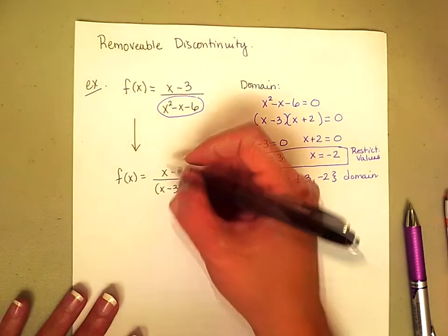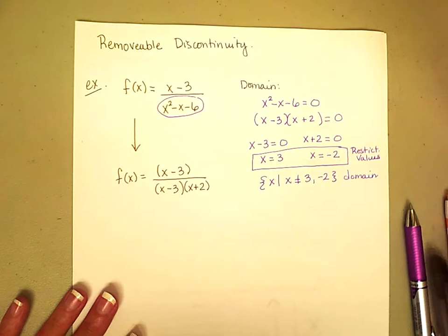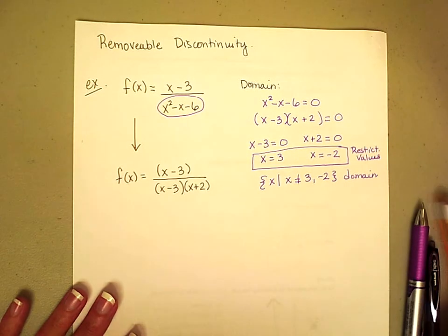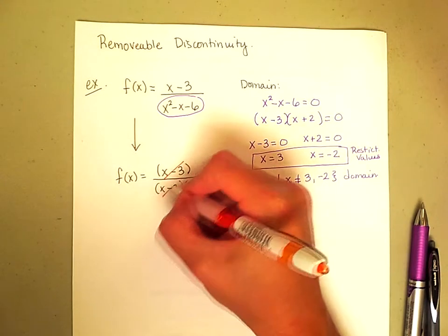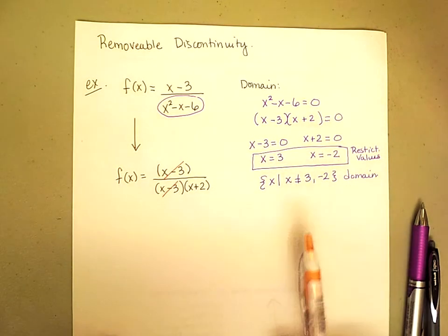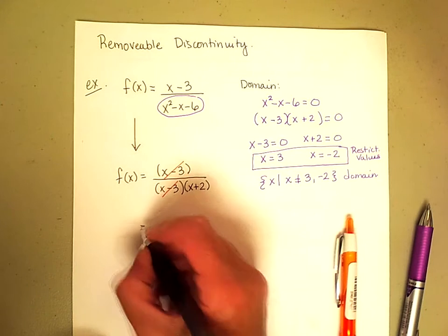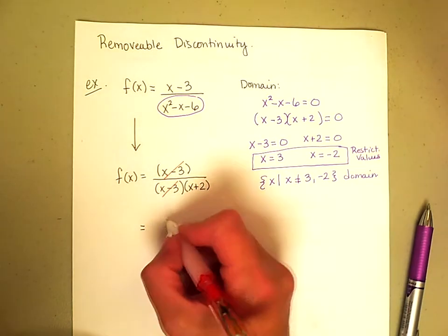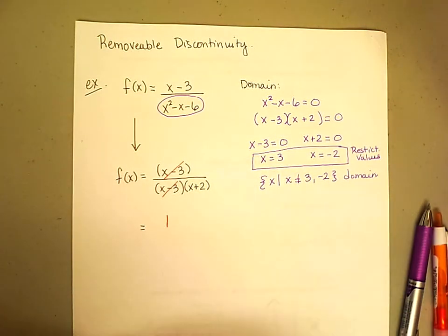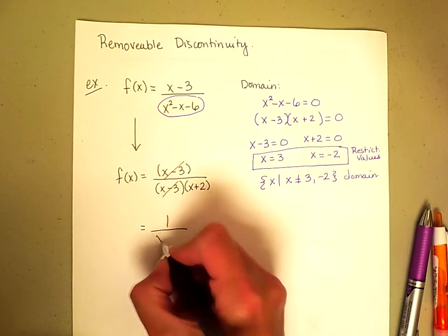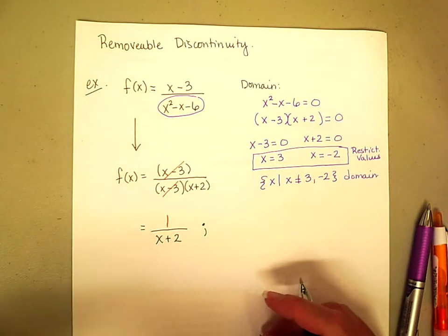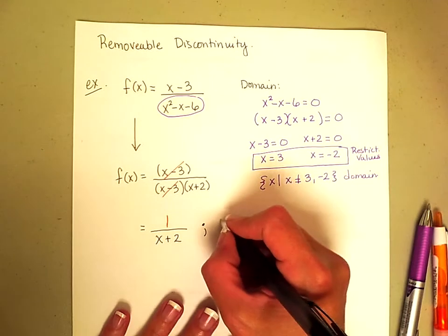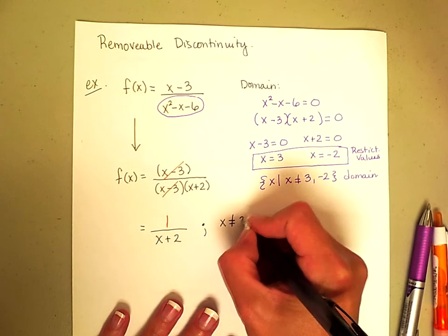Once I write it this way, I hope it's clear that f, our function, is not written in lowest terms. That is, there's some canceling that can occur, and I could rewrite this as, remembering there's a 1 up top, f of x is equal to 1 over x plus 2. We just have to add this caveat, this distinction, that we have to remember that x cannot equal 3.